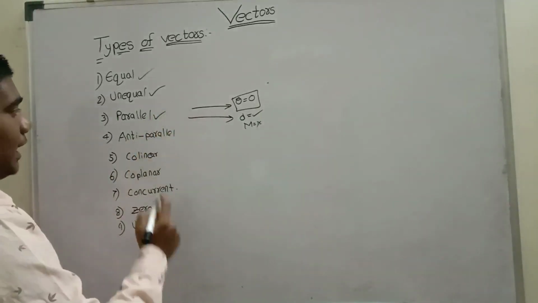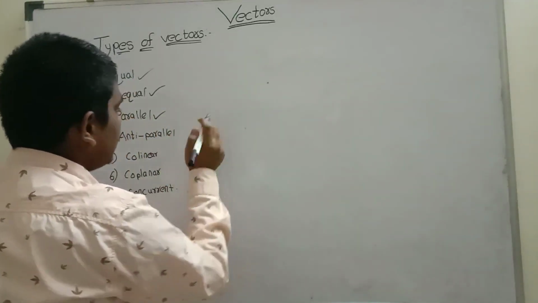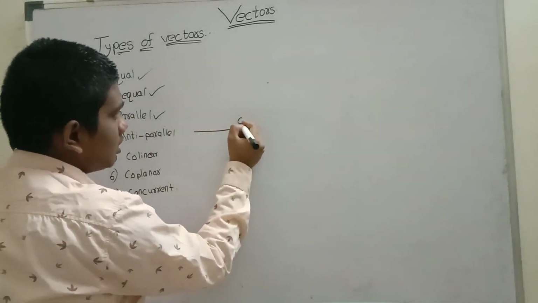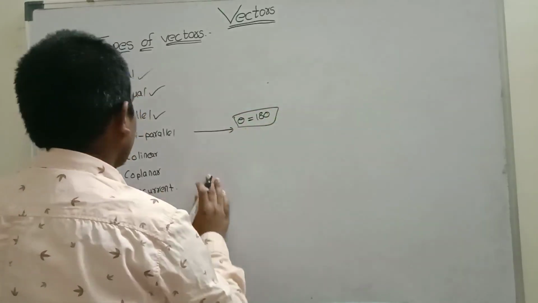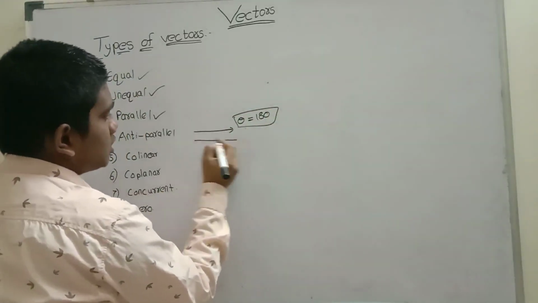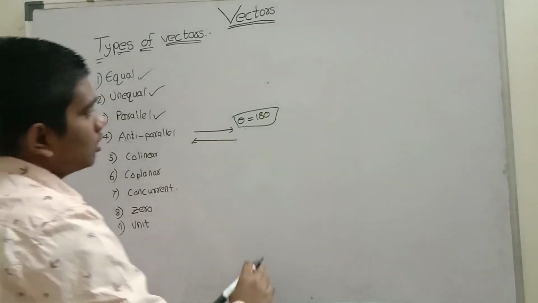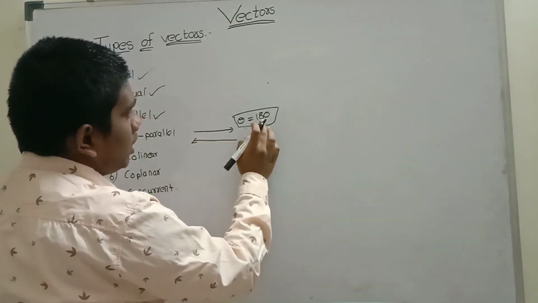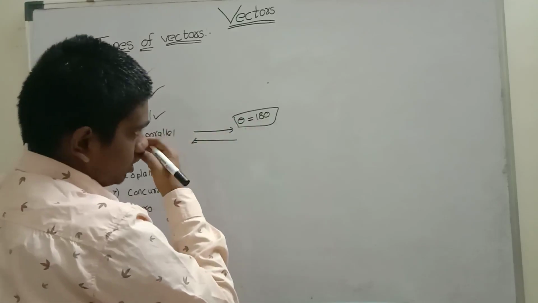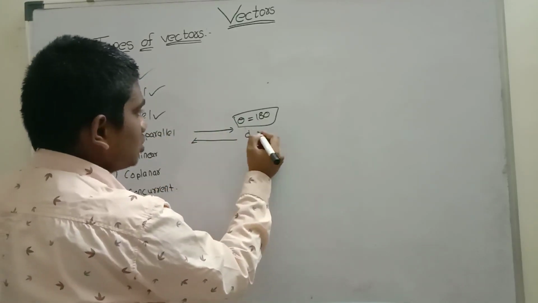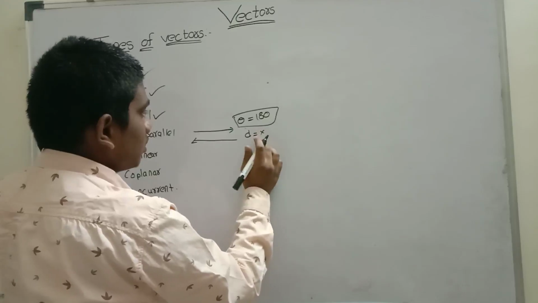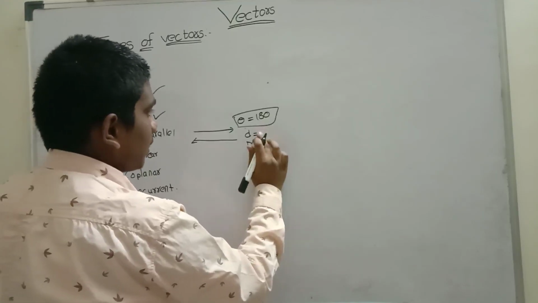Anti-parallel vectors. Anti-parallel vectors mean theta between them must be 180 and they must be in opposite directions. How 180 came here, I will tell you later. Direction should be opposite. Magnitude doesn't matter.